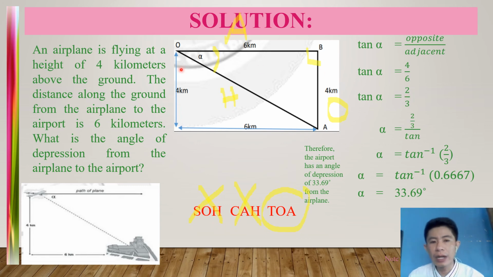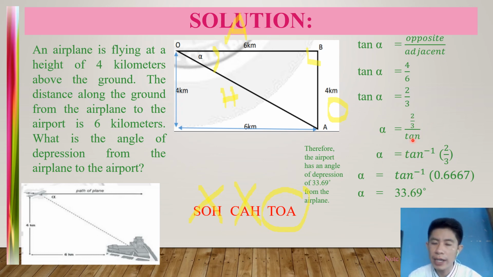Take note that we are looking for the angle alpha. We are not looking for tangent alpha. So to remove tangent here, we simply divide both sides of the equation by tangent, so that only alpha will be left on the left side. Dividing by tangent, the tangent cancels, leaving alpha. On the right side, 2 over 3 divided by tangent. Take note, this is dividing both sides of the equation by tangent.